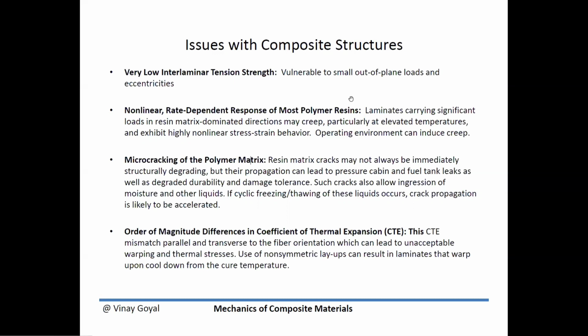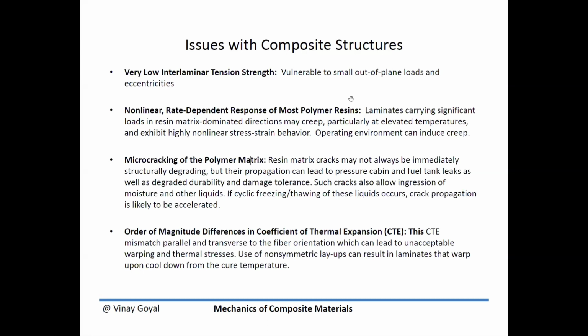These composites could start exhibiting a nonlinear stress-strain response as well. So the operational environments can induce creep, and it's important to keep that in mind as you're designing a composite, and not lose sight of these particular issues.